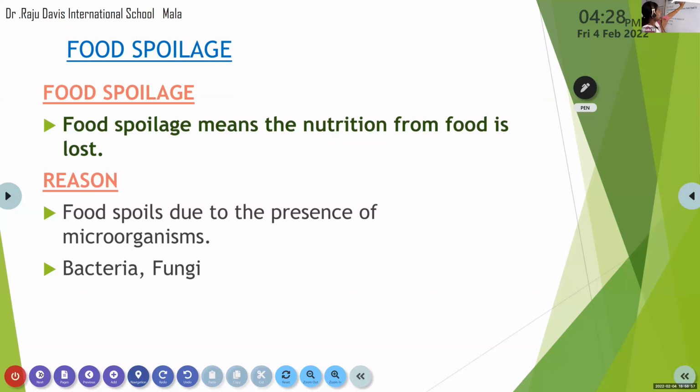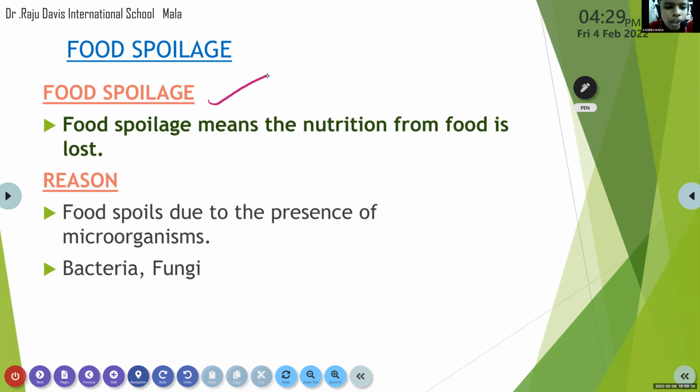Which things have we already discussed in this chapter? What is meant by food spoilage? Food spoilage means the nutrition from the food is lost.